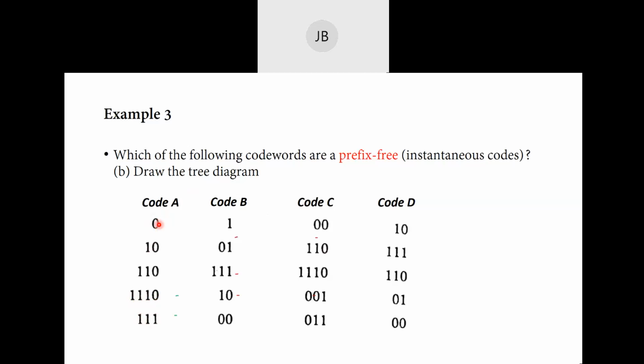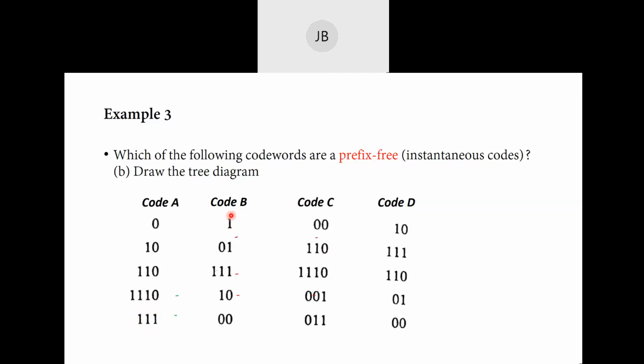So whether it's this particular symbol, maybe symbol 4, or is it symbol 5 and symbol 1 together? So there is a confusion. It is not unique. So this entire code A is not prefix free because there is a prefix here which is another code in its entirety.